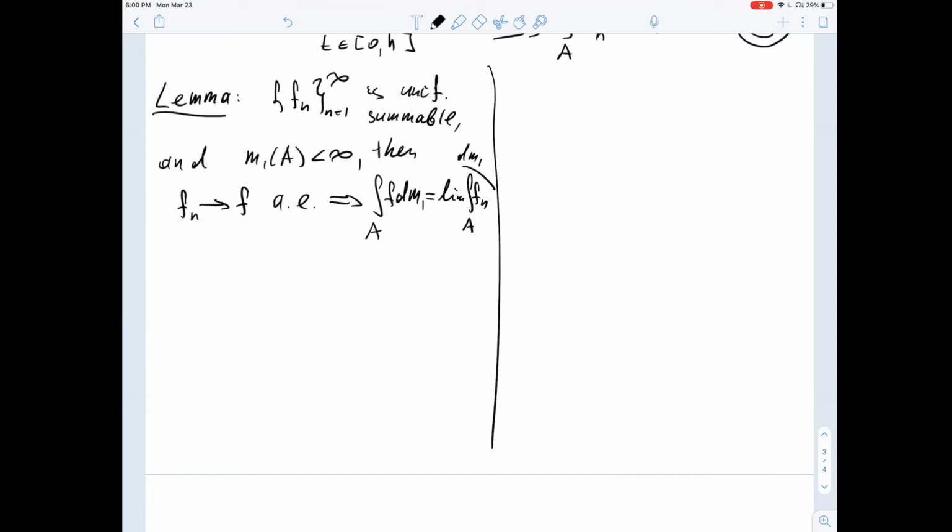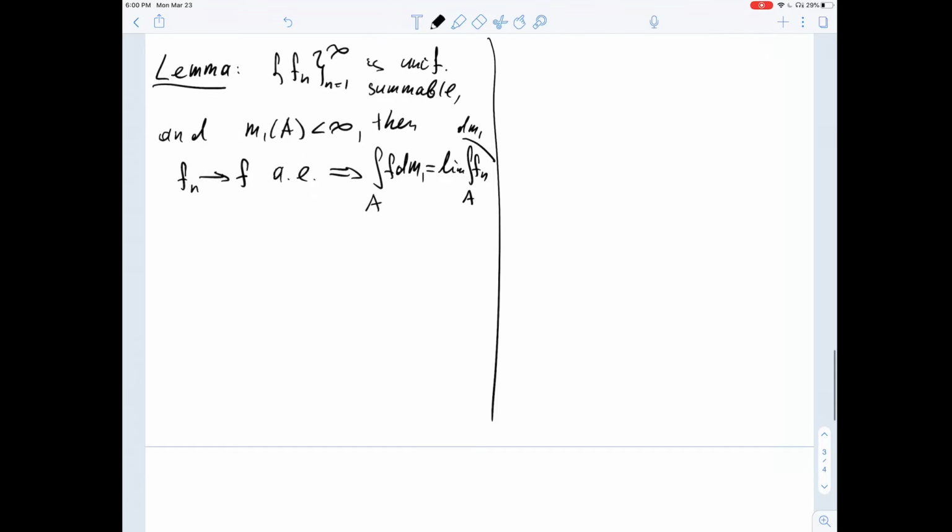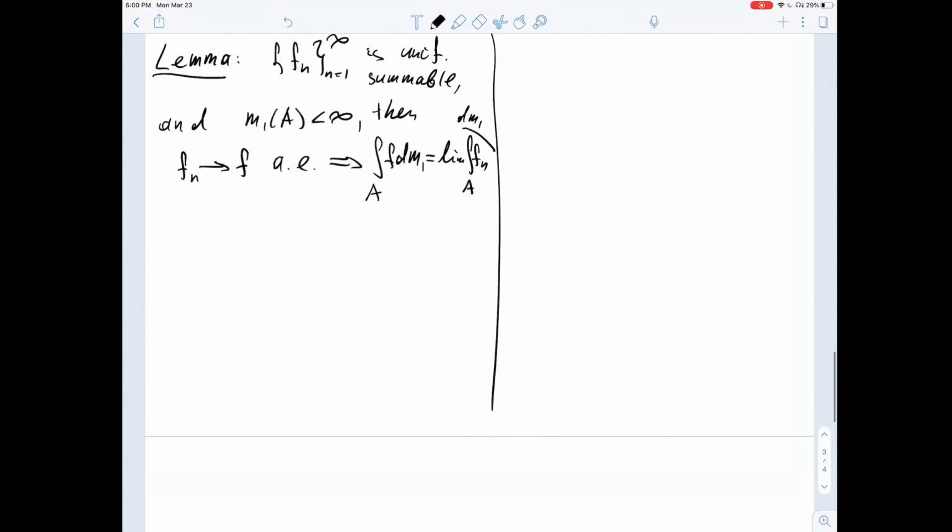In particular, F is summable. Okay, so this is sort of a Lebesgue dominated convergence theorem, except that instead of some explicit control on Fn's, we have this uniform summability.